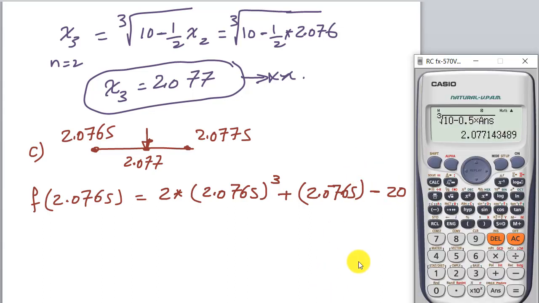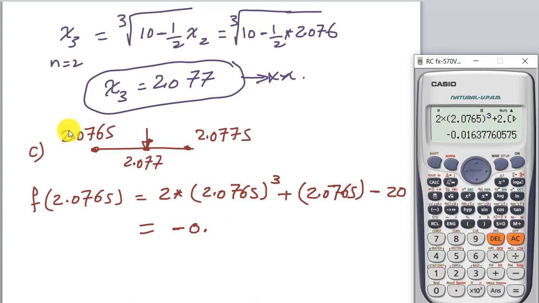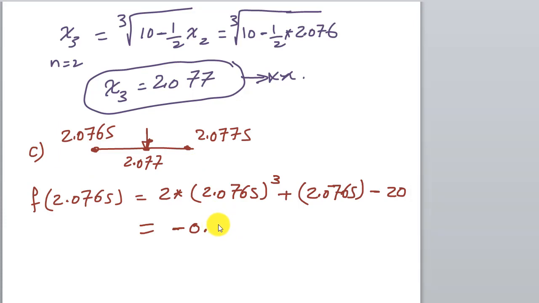So let us bring now our calculator. 2 multiplied by 2.0765 power 3 plus 2.0765 minus 20. So it is minus 0.0163. So negative value.